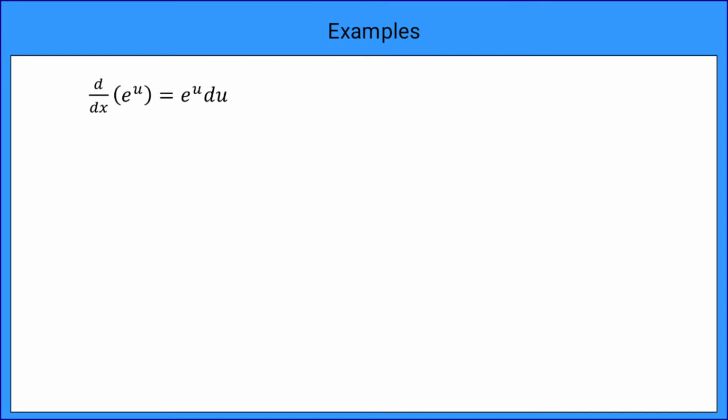So let's apply those derivatives to these functions. In the first example, I have here e raised to 5x, so our u is 5x. We're going to get the du, which is the derivative of 5x, and the derivative of 5x is 5.